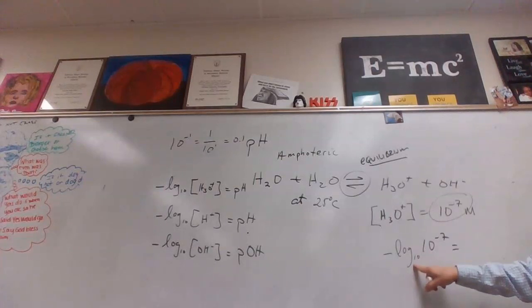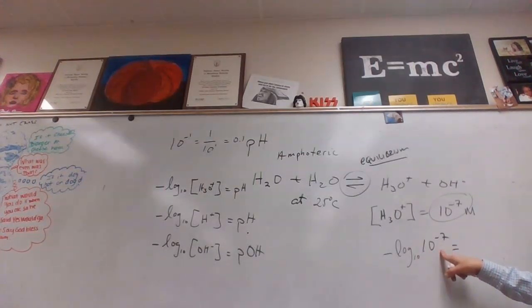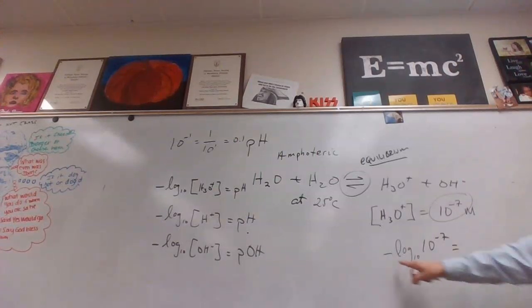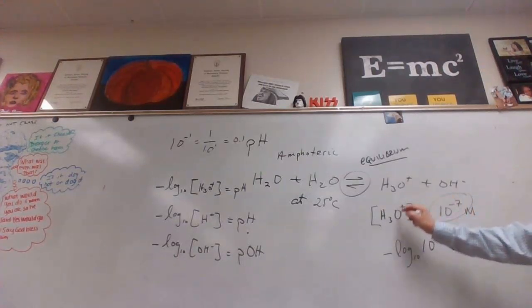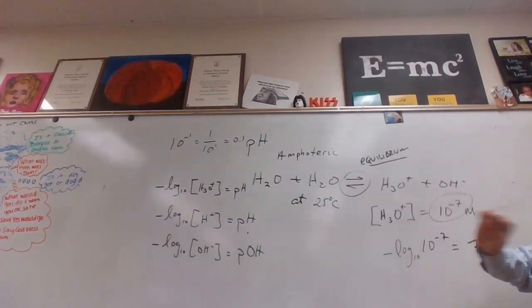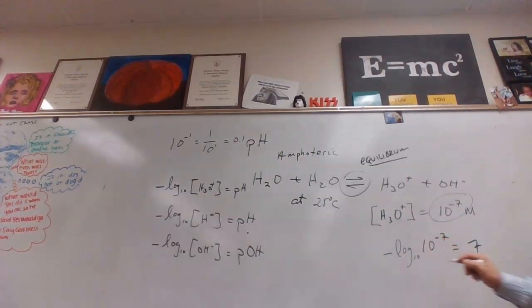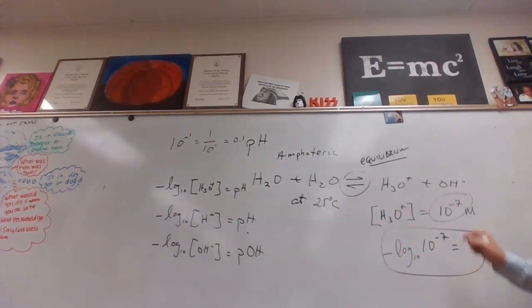That's an easy question. Negative 7, right. But if I take the negative of negative 7, I get 7. So the pH of water, which is neutral, is 7. So that's where that magical number of 7 comes from.